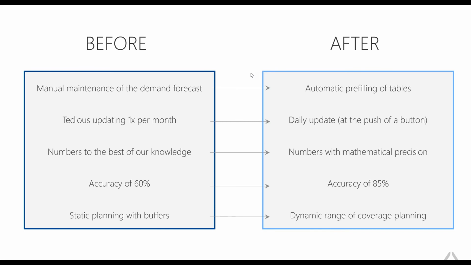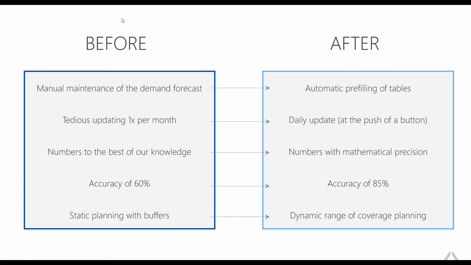Maybe you have an accuracy of 60% of your manual guess. And of course, this yields static planning with buffers, since in this scenario you have a planning horizon of 1 month. So this is some kind of static 1 month. However, if you use the technology of intelligent ERP, you can automatically update the tables every day.